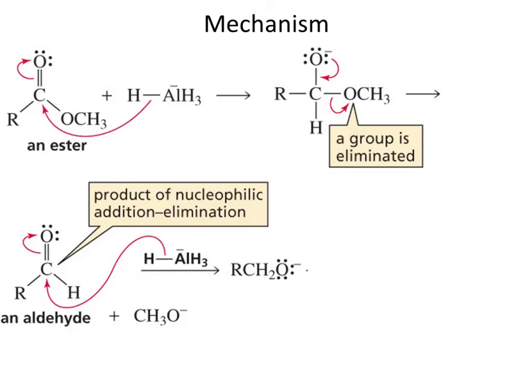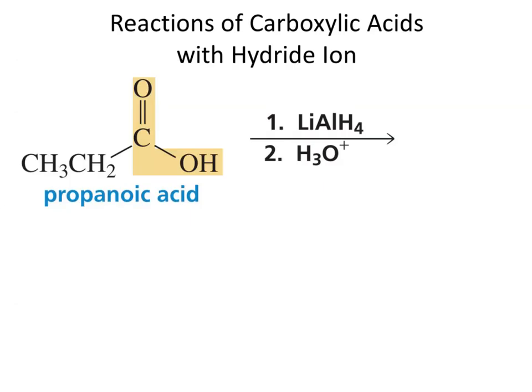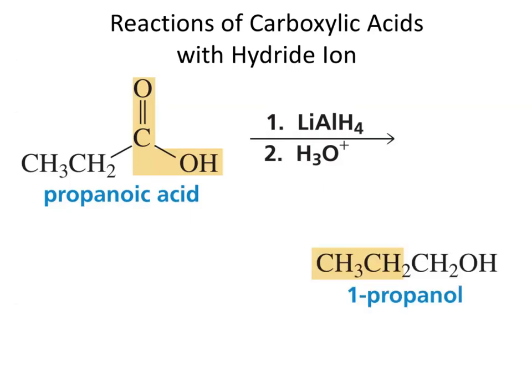At this point, you have a negative charge on your oxygen, which can then work up into a primary alcohol. And you want to remember your other piece, that this methoxide group that was our leaving group can also pick up a hydrogen from the acid workup. You're going to add 2 equivalents of your lithium aluminum hydride, turning this into a primary alcohol.